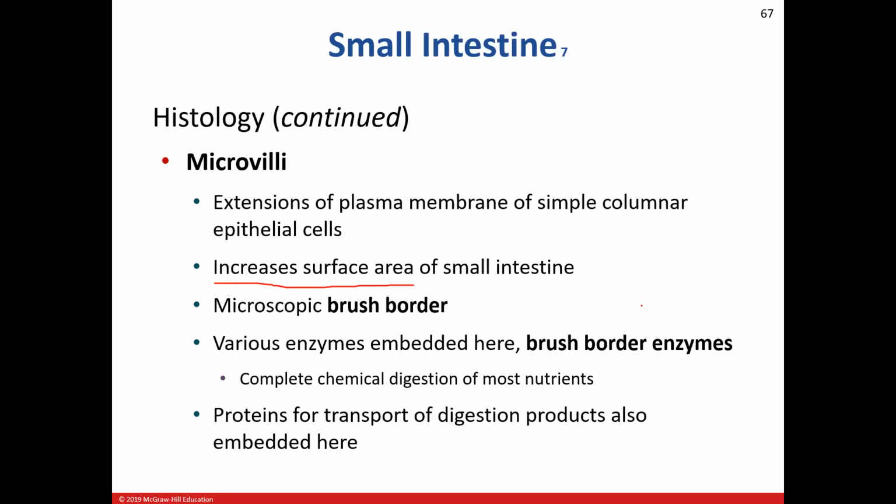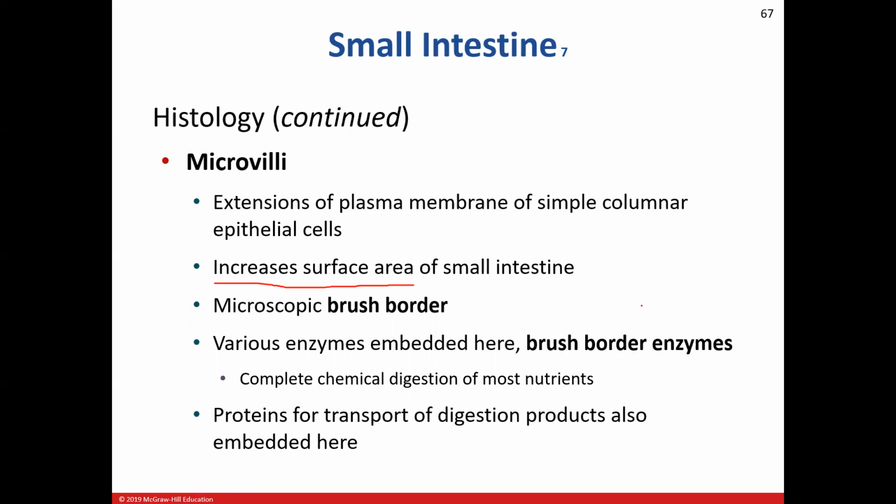But along these microvilli, we have these specialized enzymes that are being produced. And it's these enzymes that we call the brush border enzymes, because microvilli, from a histologist's point of view, also coined the term brush border, because when you're looking at it under a microscope, these microvilli will look like a brush border, a fuzzy kind of structure on top of the cells.